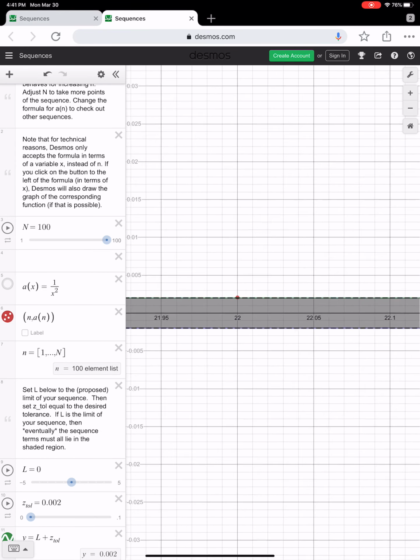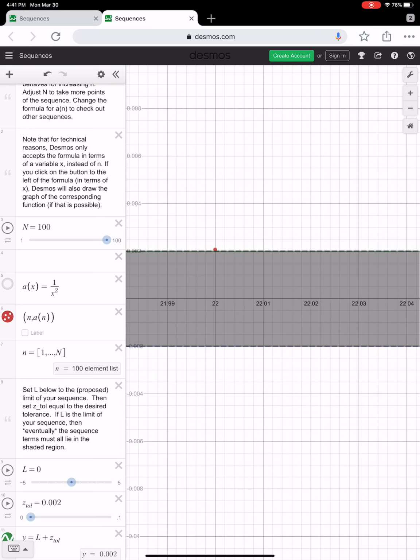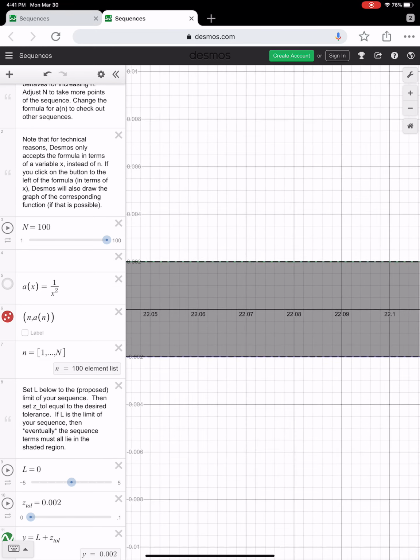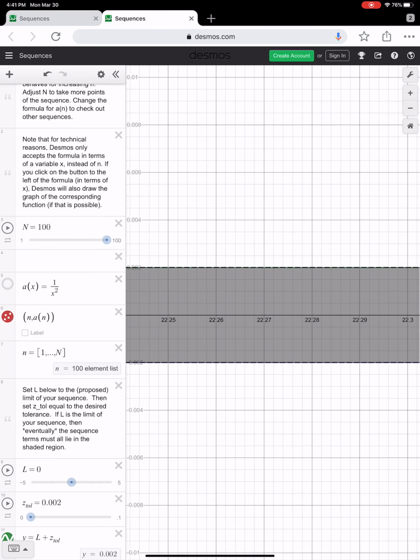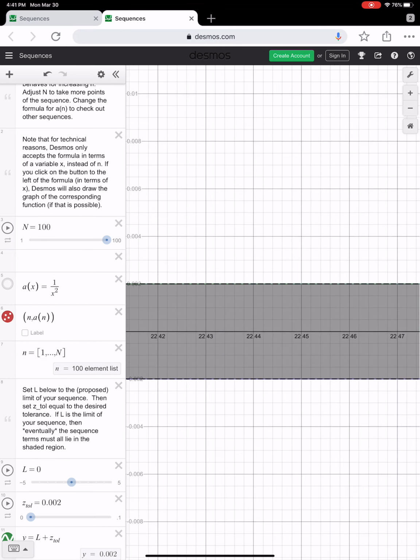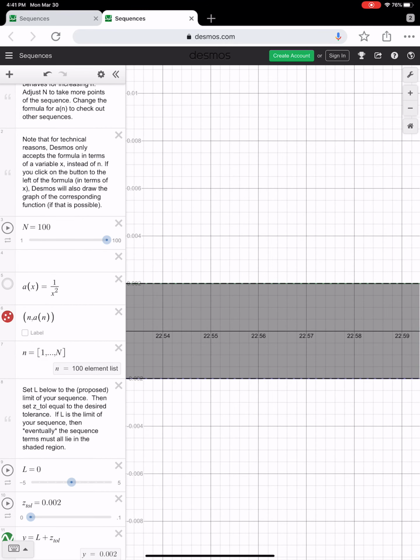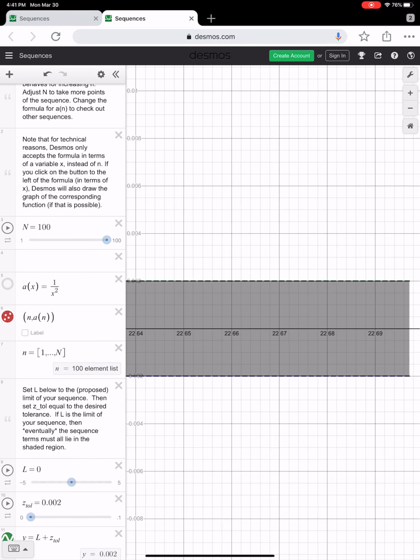Let's check 22. All right, 22 is not in the tolerance, but if we scroll over here to 23, we find that 23 and all the numbers bigger than it are in our new tolerance here, 0.002.